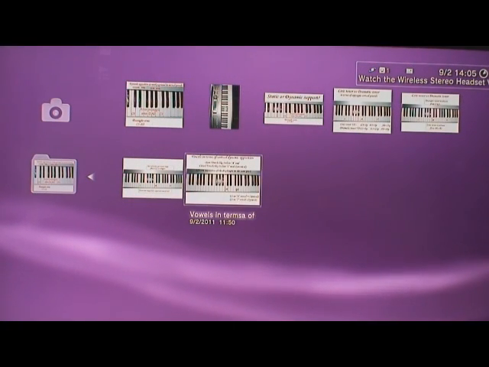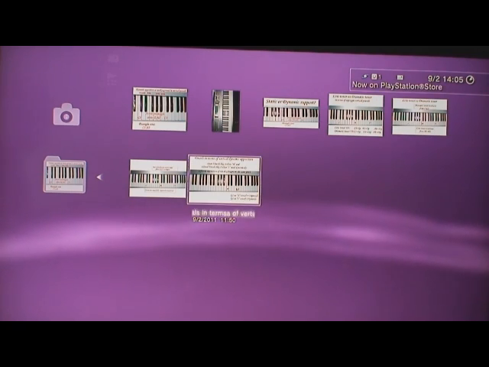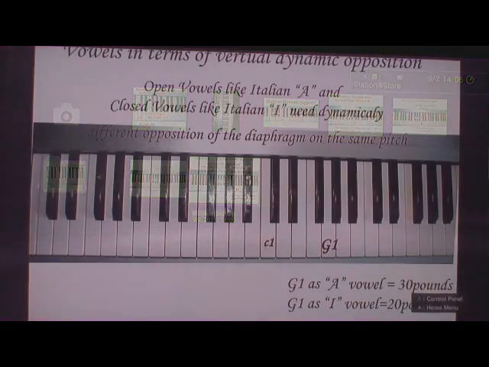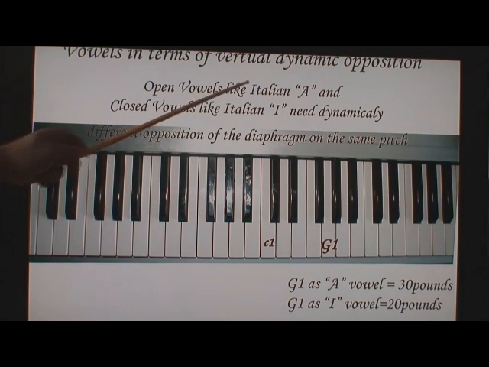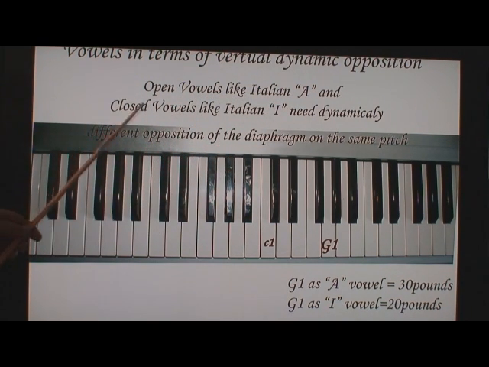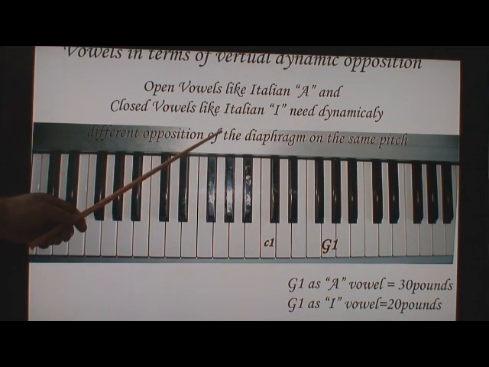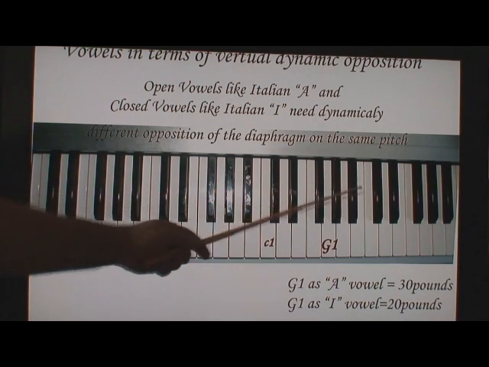Now let's look at the vowels in terms of DOVP, dynamic opposition. Open vowels like Italian A and closed vowels like Italian E need dynamically different opposition of the diaphragm on the same pitch.